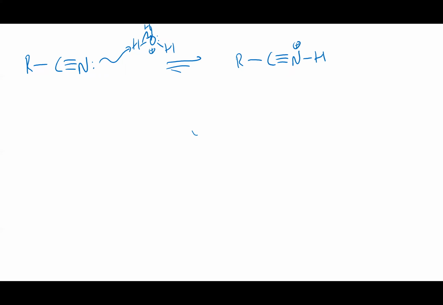This, of course, helps make the carbon here more electrophilic, so water can attack. So I'm not going to say nucleophilic attack at the electrophilic carbonyl carbon, but I am going to say nucleophilic attack at the electrophilic nitrile carbon. But it's the same principle at play.